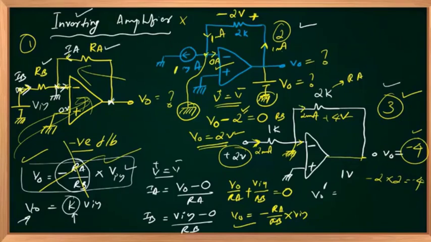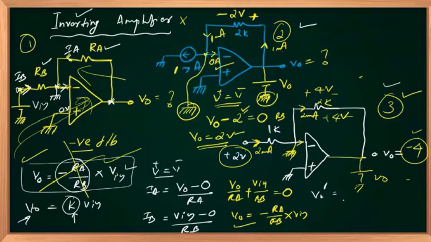Same current flows through 2 kilo ohm here because no current flows into the op-amp. 2 milliampere multiplied by 2K, I will get 4 volts across this 2K resistance. And as earlier, if I am writing my Kirchhoff voltage law, I will get it as minus 4. This is my V out.